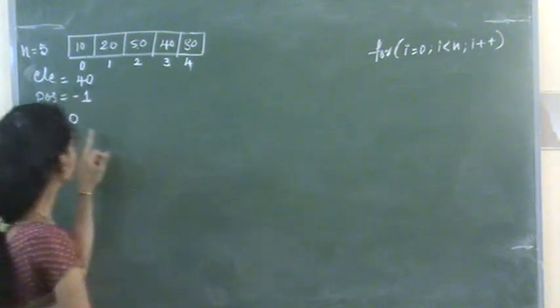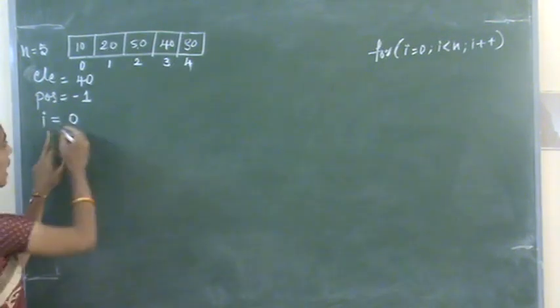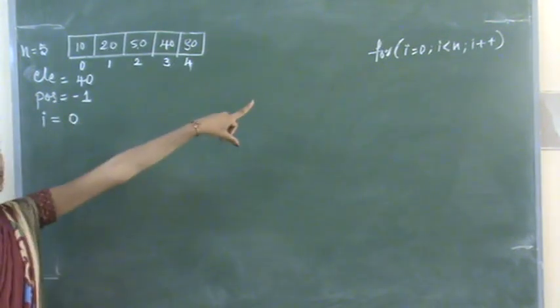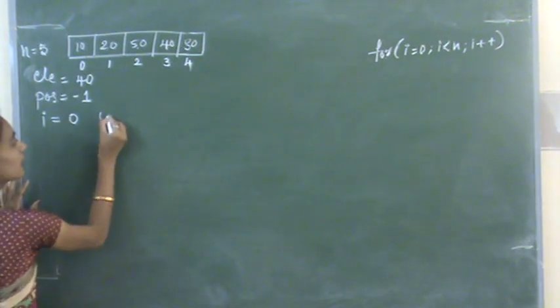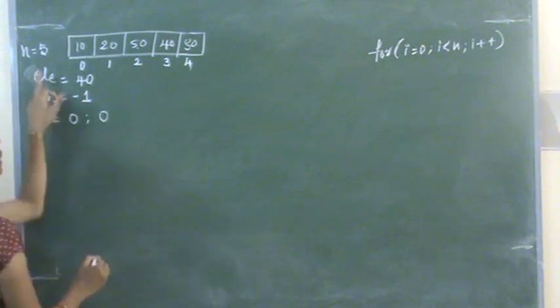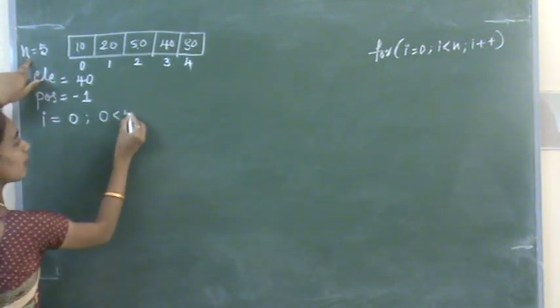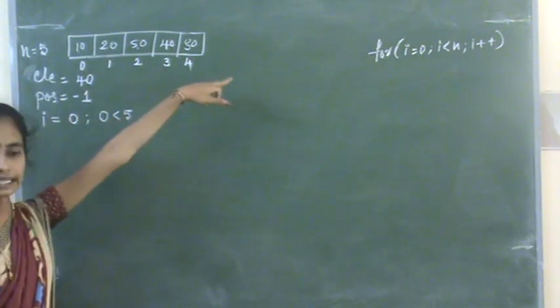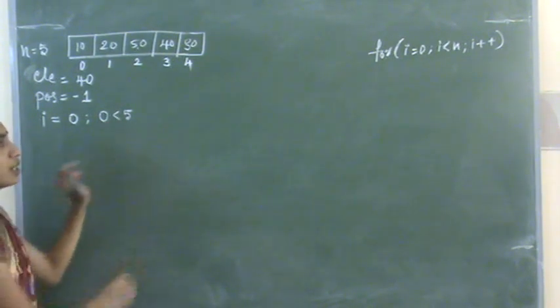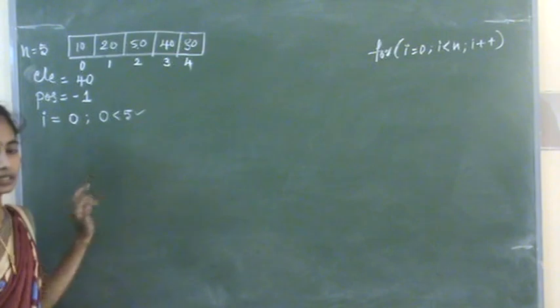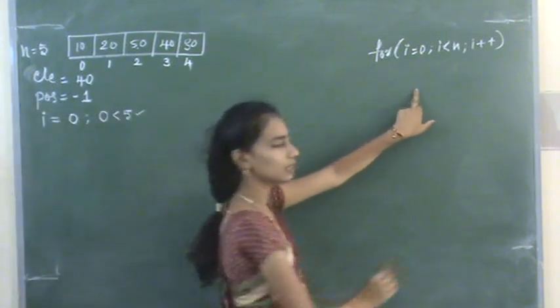So we take I value equal to 0, and then check the condition I less than n. What is the value of I? I is 0, less than n, n value is 5, which means how many elements we inserted in the array. So I less than 5. This is true now, so it will enter the for loop.